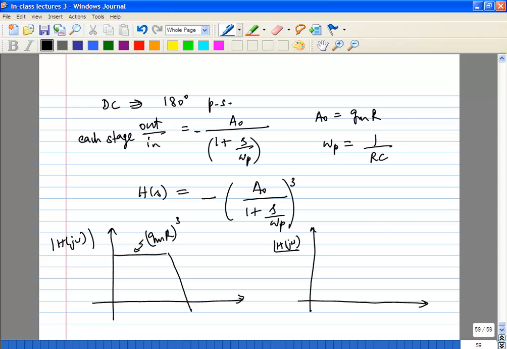So the DC gain is going to be GMR the whole cubed, right? You have 3 poles at 1 over RC, so it goes at minus 60 dB per decade after this, right?